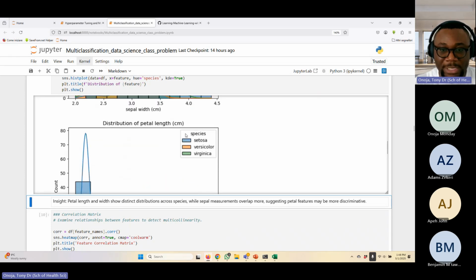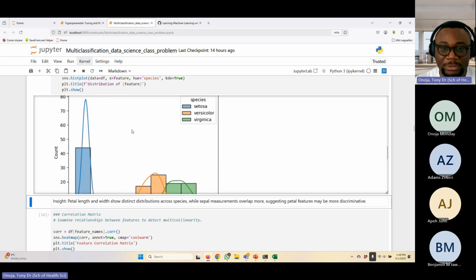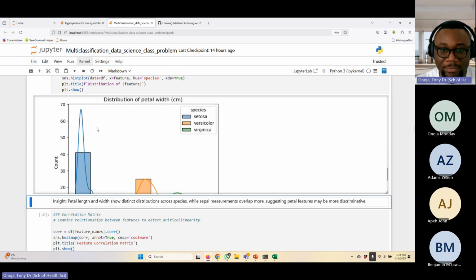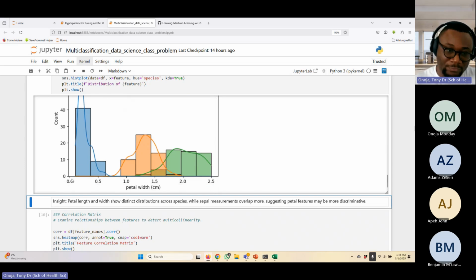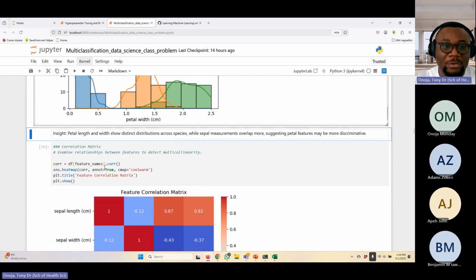Then when we come to petal length, we see Setosa seems to be maintaining high ones, kind of concentrated around this point, but these ones seem to be wider, from 1 to around 1.5, and this one is from around 2 to 2.5, stuff like that. So the insight here is that the petal length and width show distinct distribution across the species, while the sepal measurements overlap more, suggesting the petal features may be more discriminative.